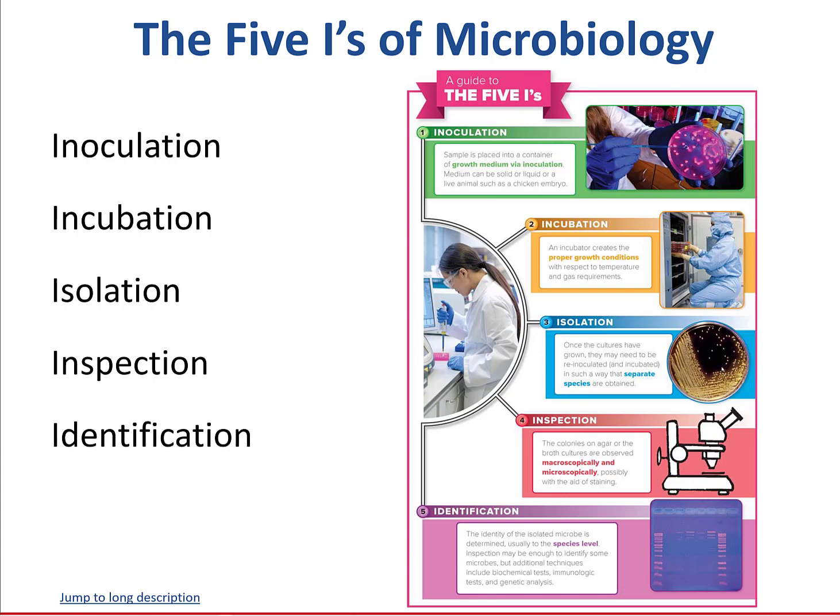Inspection: colonies on the agar or broth cultures are observed macroscopically and microscopically for possible understanding of what the organism looks like, how we classify it, how we bin it, and those things are important. And identification we can use at the clone level.